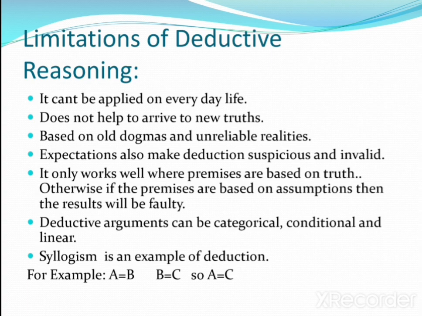Deductive arguments can be categorical, conditional, and linear. These kinds of arguments can be categorical if such a category was present in the past, and we are going to find the solution of those categories in the present time. So we will take an example of that.